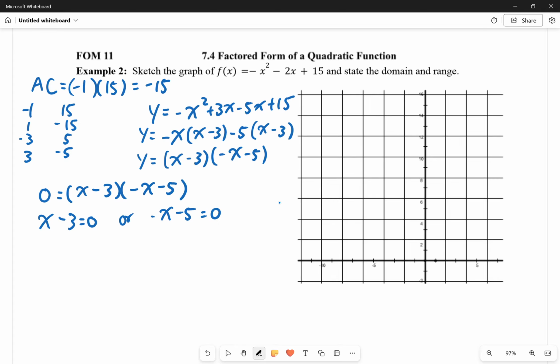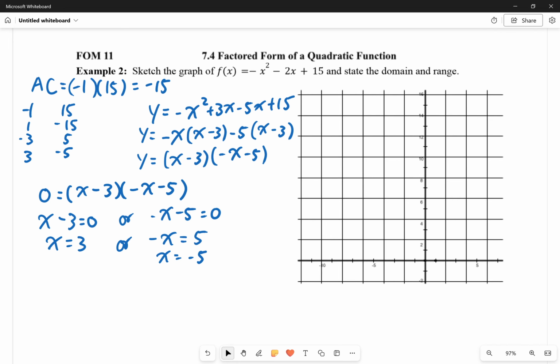Okay. So if x minus 3 is 0, that means x here has to be 3 to make that work out. And the other one is negative x minus 5. If negative x minus 5 is 0, that means negative x is equal to 5, which means x is actually negative 5. Okay, so please be careful with that negative over there.